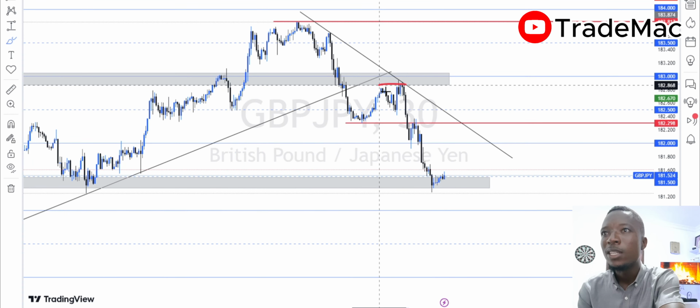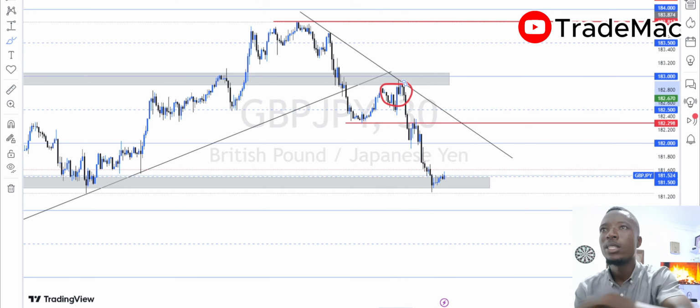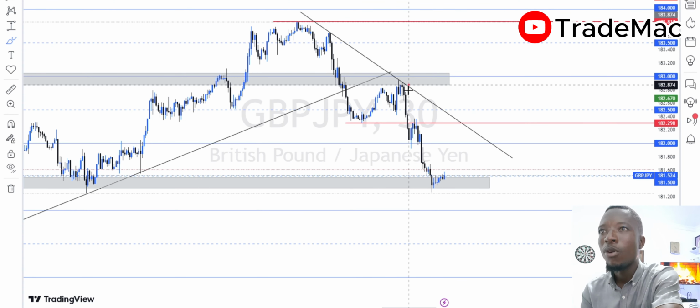Happy to see this double top with an evening star right here, which is a candlestick confirmation for traders. Yes.